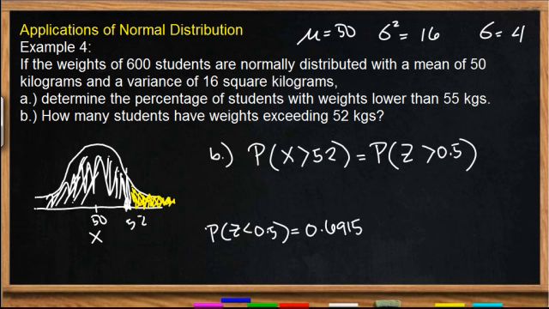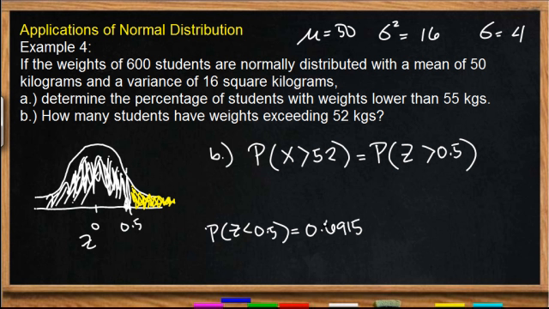For example, if z is 0, this is 0.5. So this white shaded region is 0.6915, the probability that z is less than 0.5.